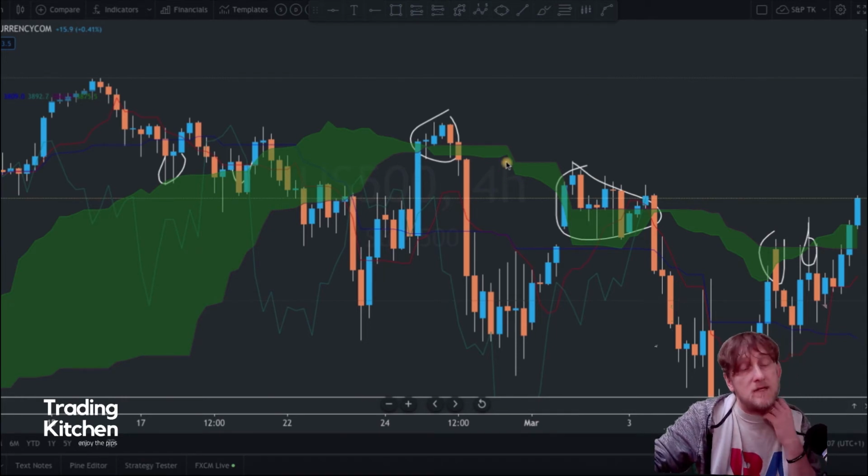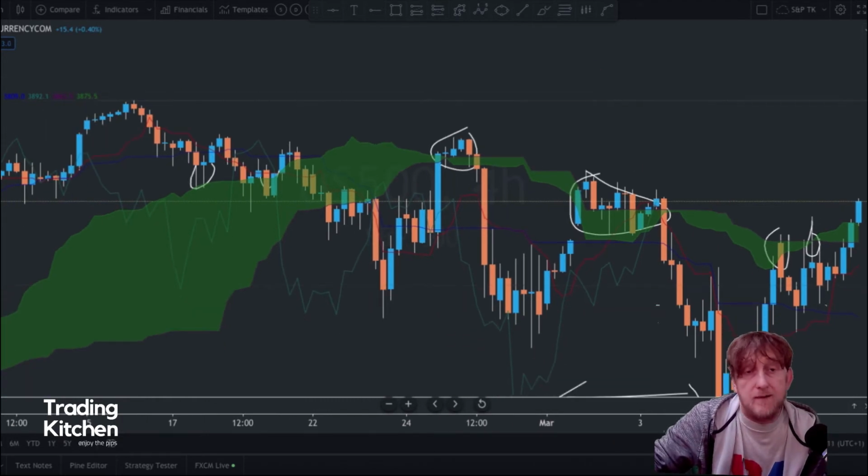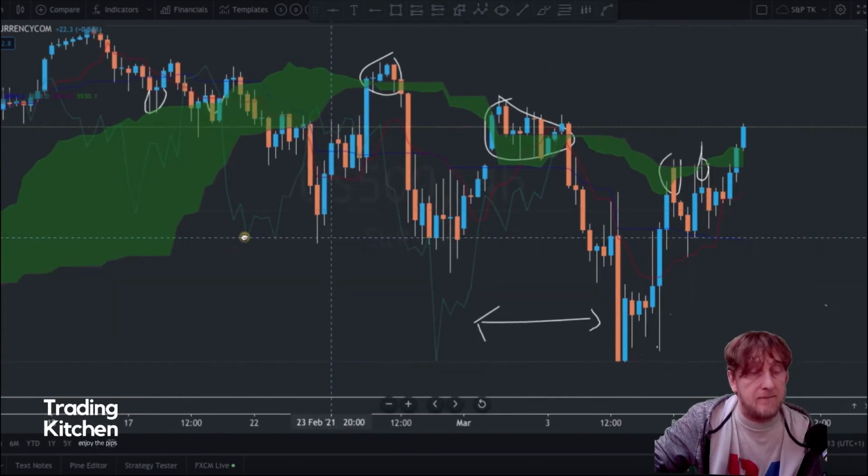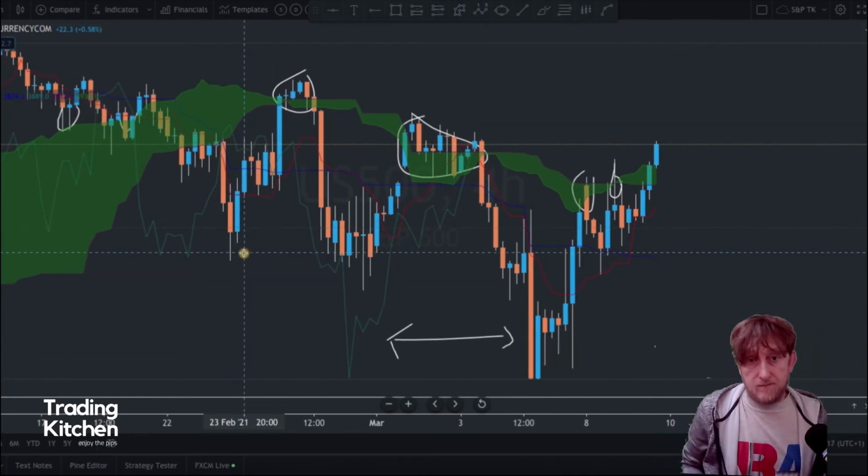This system is based on a crossover, like a moving average, and is a trend following signal.